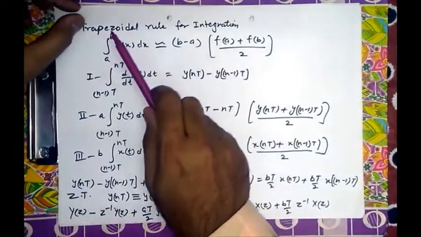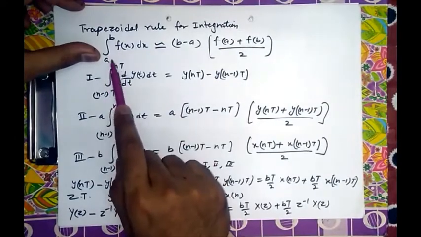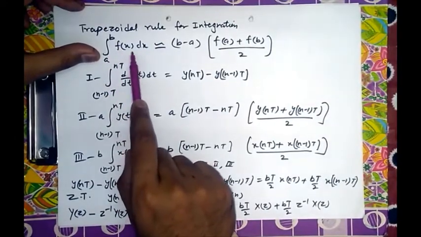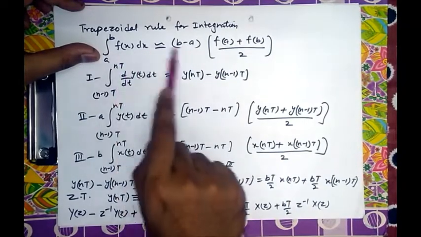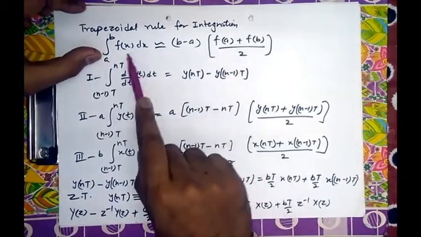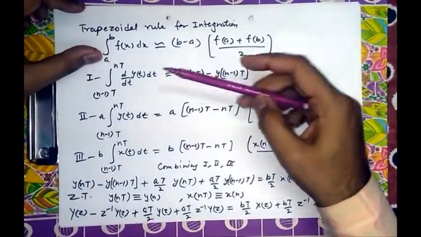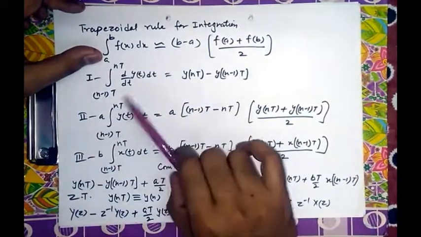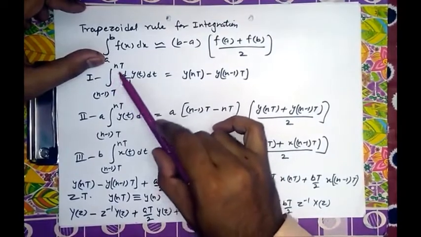Further we will use the trapezoidal rule for integration, and this rule says that for integration from a to b of any function f(x) dx will be approximately equal to (b minus a), the difference between the limits, into (f(a) plus f(b)) by 2. This trapezoidal rule is used while integrating the second and third terms only. The first term is integrated as usual, the integration and differentiation cancel out.